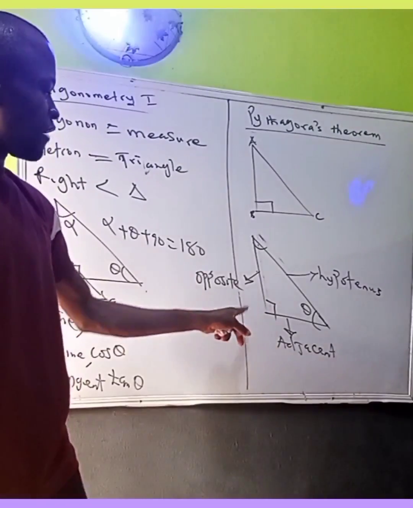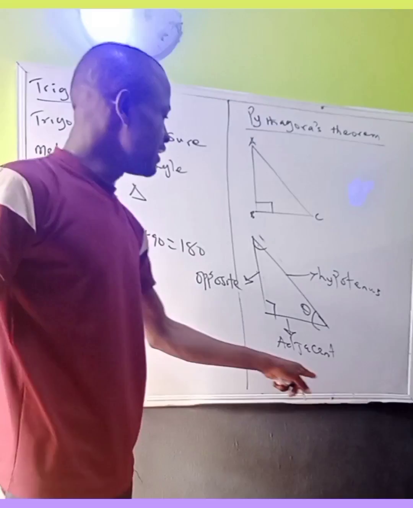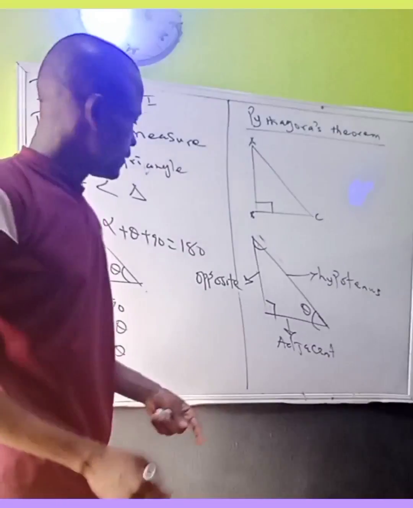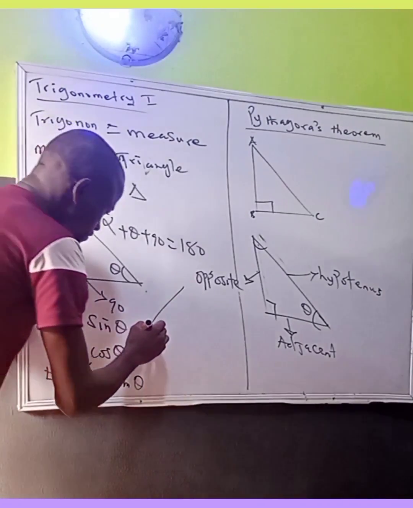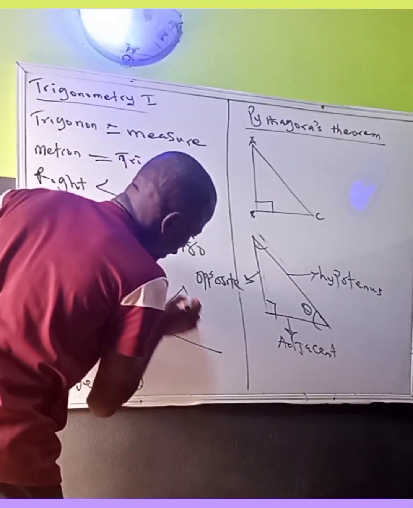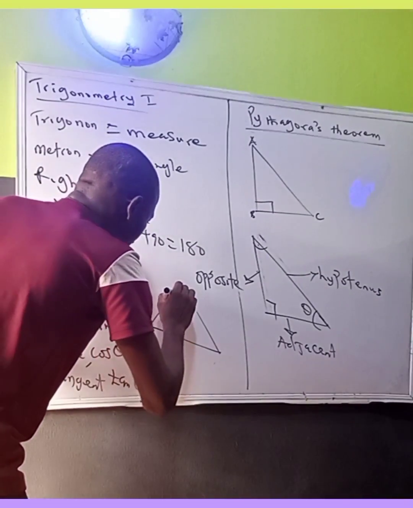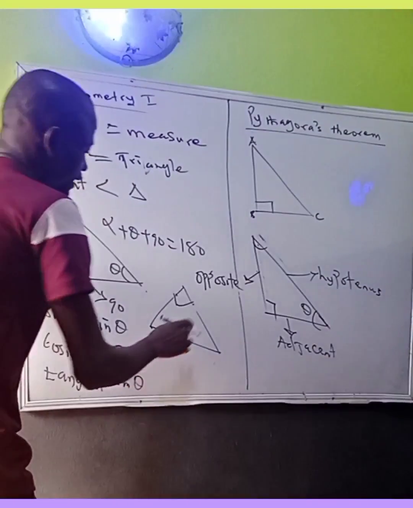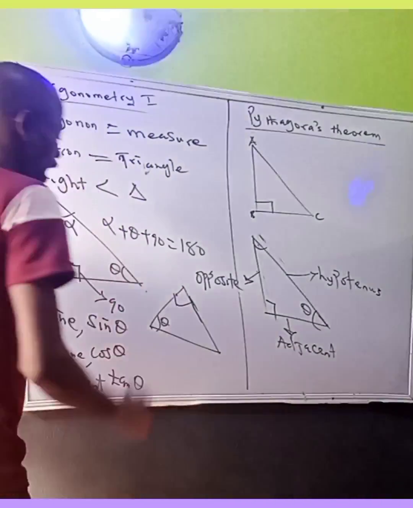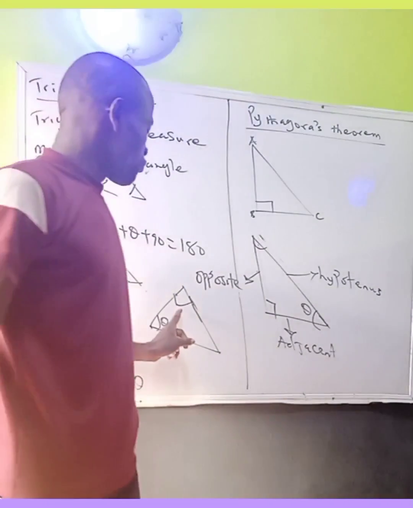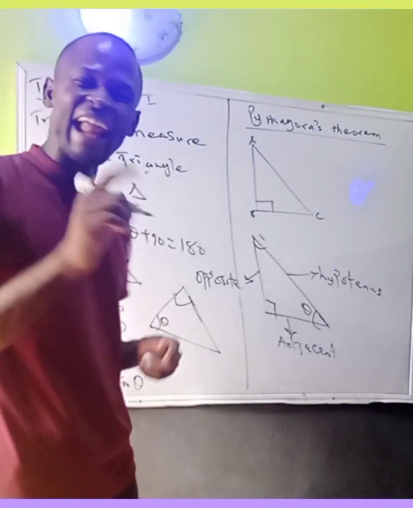Some persons normally have difficulty in identifying the hypotenuse and the adjacent. It's very, very easy. If I draw something like this, and I tell you that this is a right angle, I ask, where is your opposite? Where is your adjacent? And where is your hypotenuse? Remember that the hypotenuse is the side that does not touch the angle of 90 degrees.